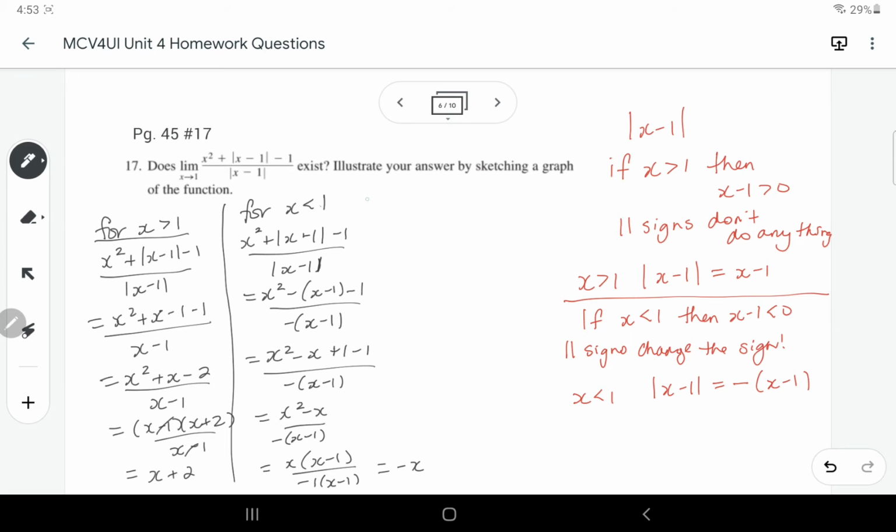I'm running a little short on room here, but I think I can squish it in. So if I take the limit as x approaches 1 from the right, so from bigger numbers, I'm going to be looking at this x plus 2.